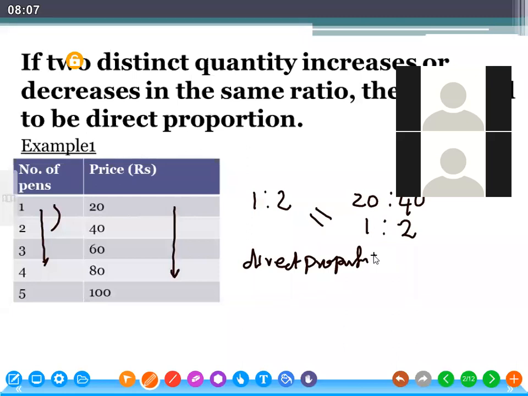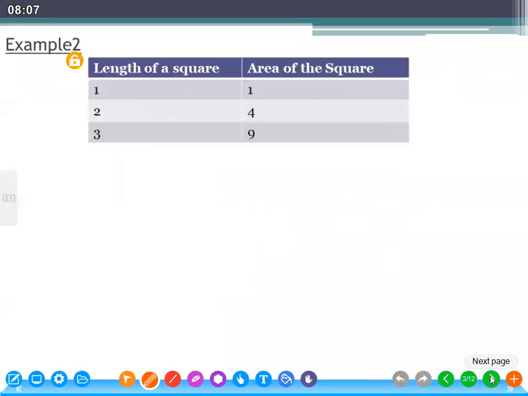Now we are going to the second example. That is the length of a square, in meters, and the area of the square, in meter squared. Here the length increases and the area also increases, but you have to see the ratios. So I'm going to take this one, that is 1:2.